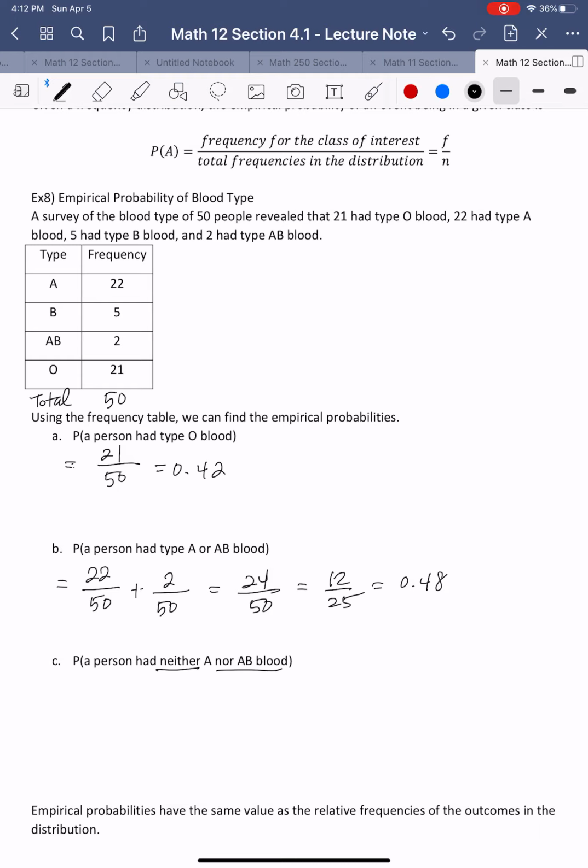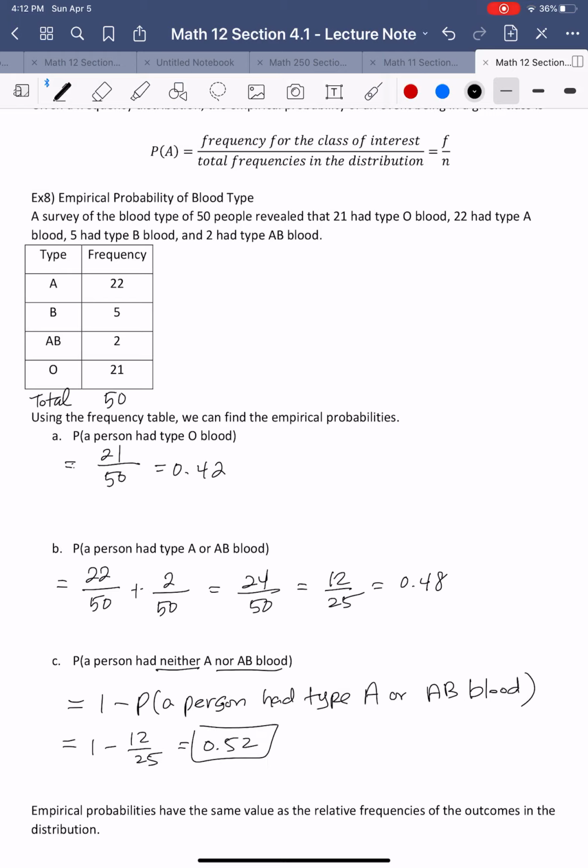In this case, I'm going to use 1 minus the probability that a person had type A or AB blood, which is 1 minus 12 over 25, which equals 0.52.